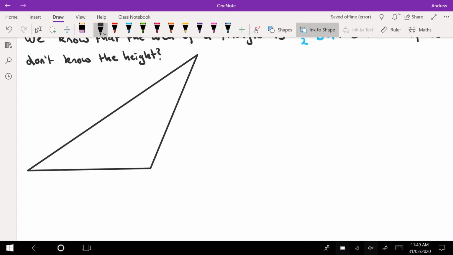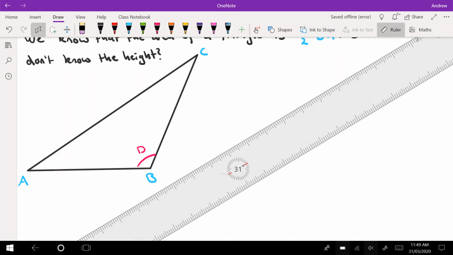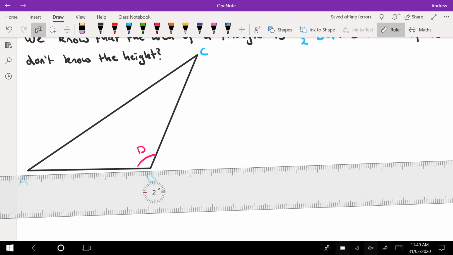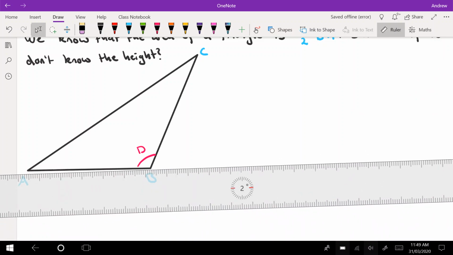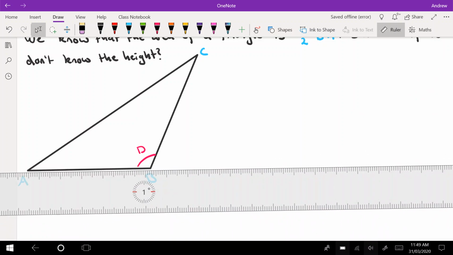Yeah, that's perfect. So let's call this point down here A. Let's call this point B. And let's call this point C. Alright? And then I'm going to have an angle in between here, and I'm going to call that D. Okay? Now, we're going to try and find out the vertical component of a line there.